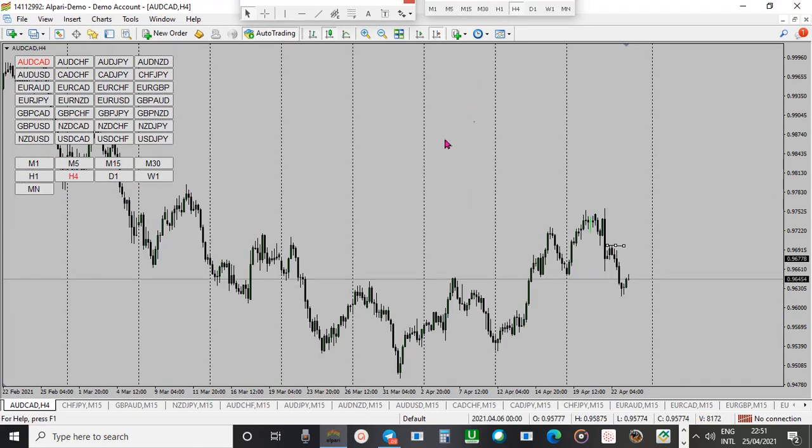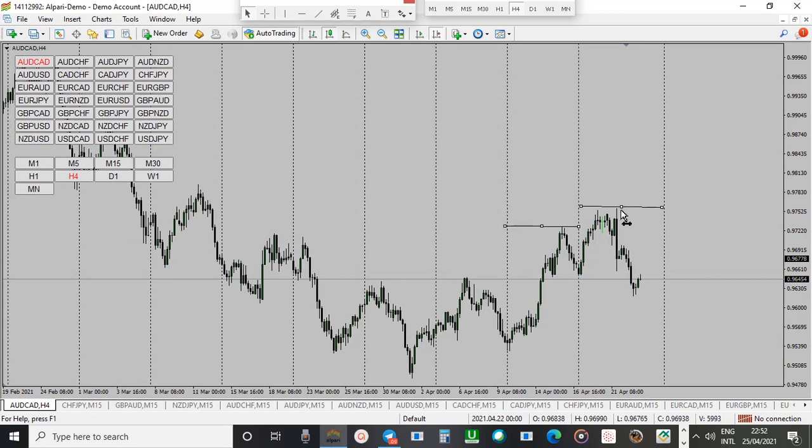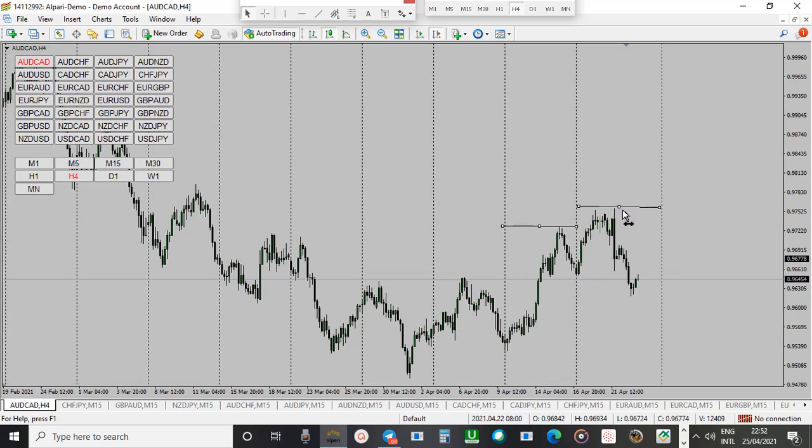Let me put it to 4 hours. Okay, at this point there's liquidity here. This is the high of that week. Of last week, this was the high of last week of this currency pair. The same thing is done on all the currency pairs. They are being manipulated by the market makers, meaning they are being controlled, and others are being manipulated there.